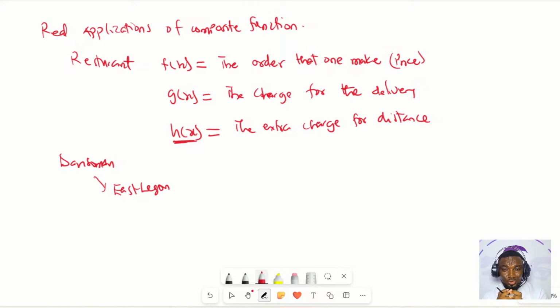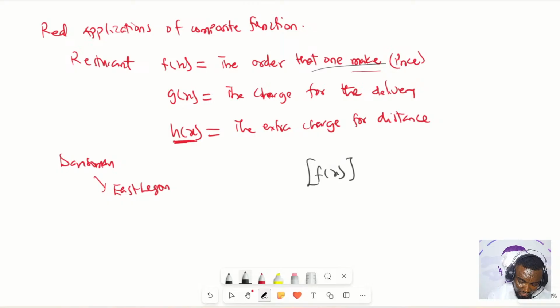So one thing you should see is that the food is something you cannot do without. Someone can walk into your restaurant and decide to order the food, right? So the f of x will be on the inside. It is like the main one. And from the f of x, the charge for the delivery will be on the outside.